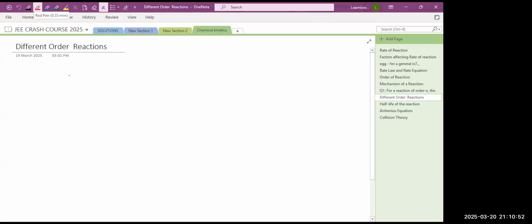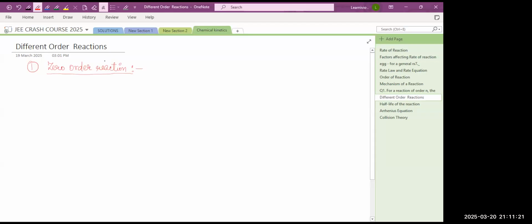Okay, so different orders. First, we will discuss the zero order reaction. What is a zero order reaction? Meera and Upsana? Ma'am, their order is zero.